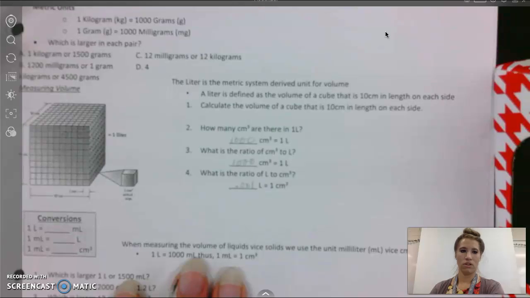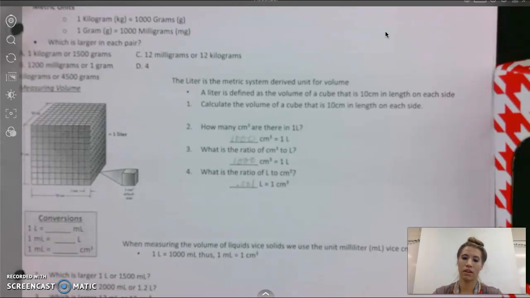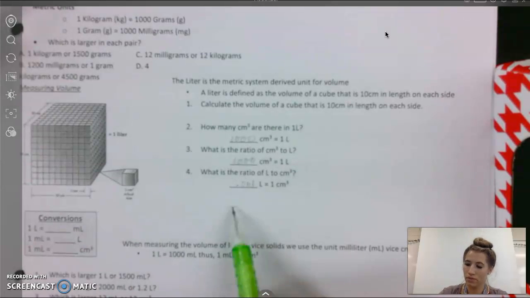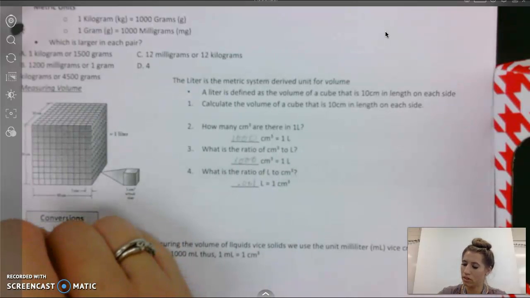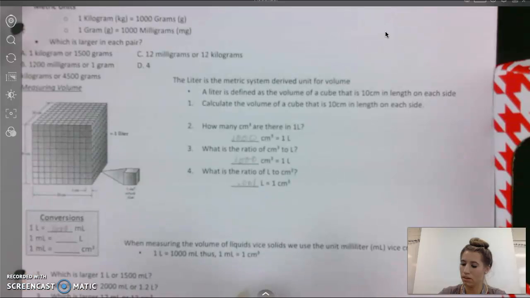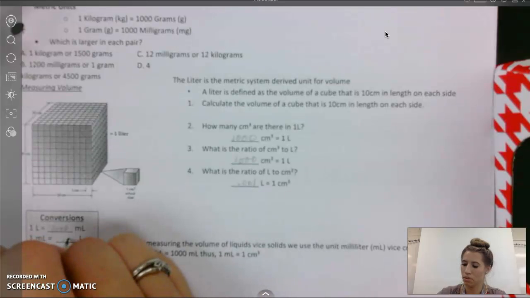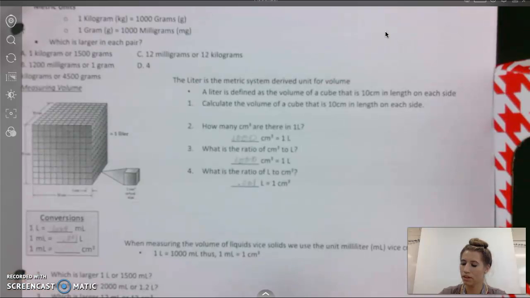All right, let's jump back to volume for a minute. We already talked through these conversion factors. It's important to remember that 1 liter contains 1,000 tiny milliliters, and 1 milliliter would only be 1/1000th of a liter, and 1 milliliter is equivalent to a cubic centimeter.